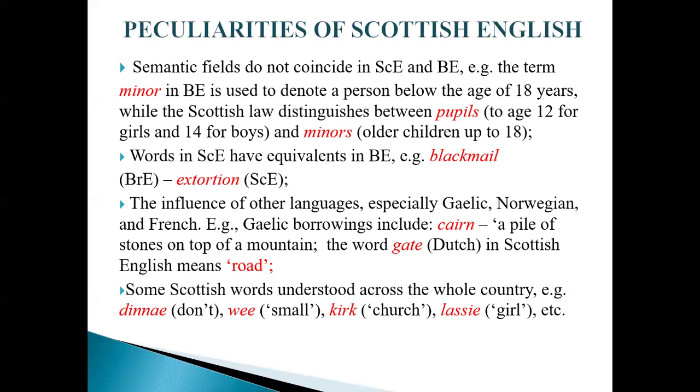The word gate, in Dutch, in Scottish English means road. Some Scottish words are understood across the whole country, for example, dinna, don't; wee, small; kirk, church; or lassie, girl.